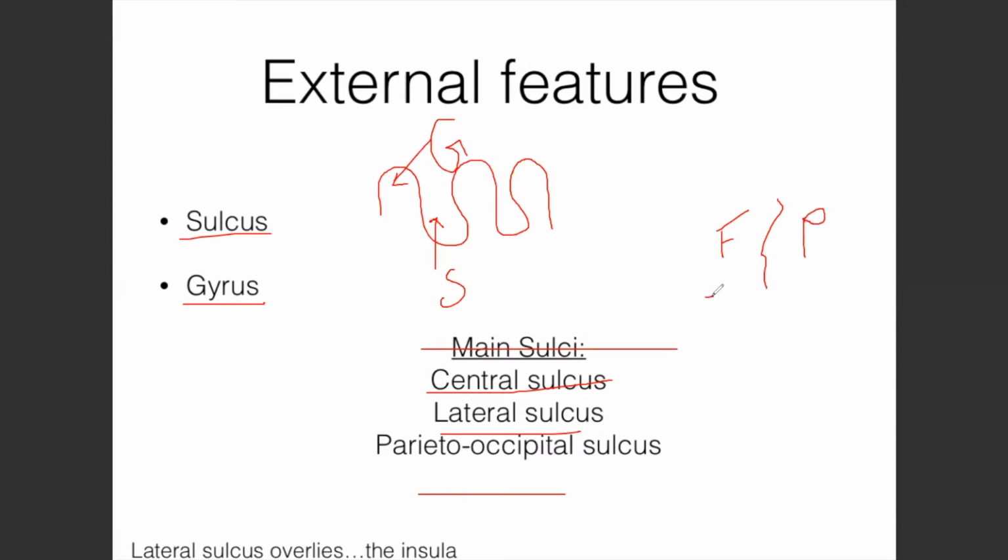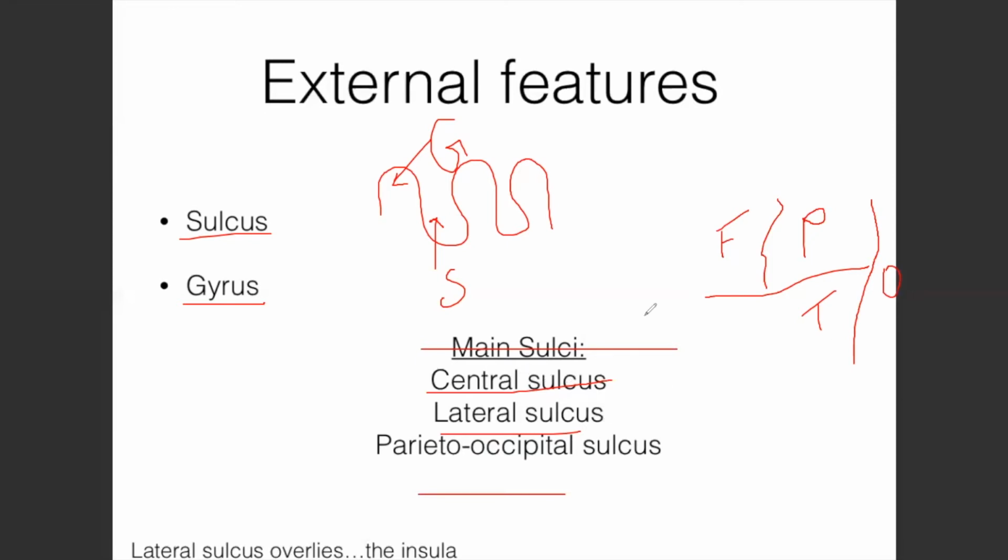The lateral sulcus divides between the parietal and the temporal lobes. And lastly, the parieto-occipital sulcus divides between the parietal and the occipital lobes. So basically the four lobes of the brain are divided by sulci.